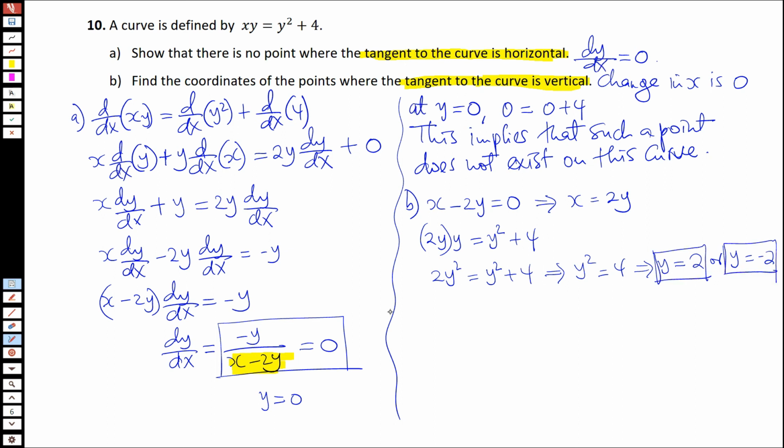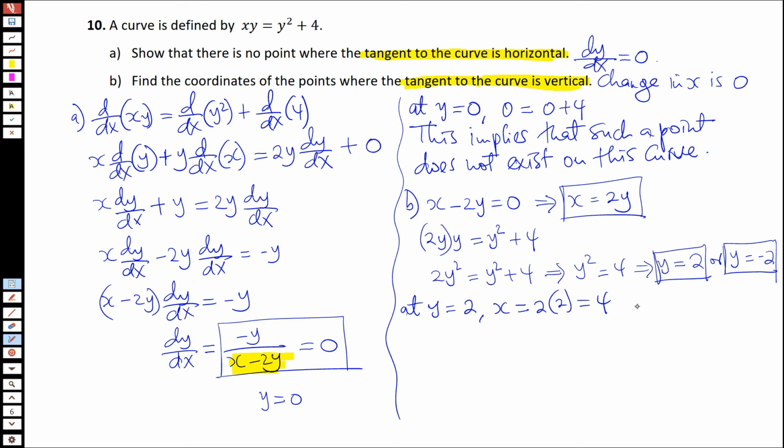All right, so when y is equal to 2, using this equation here, x will be equal to 2 multiplied by 2, which will be equal to 4.